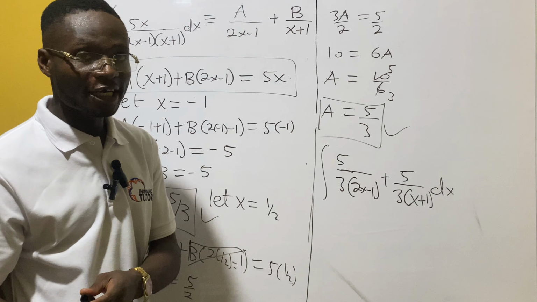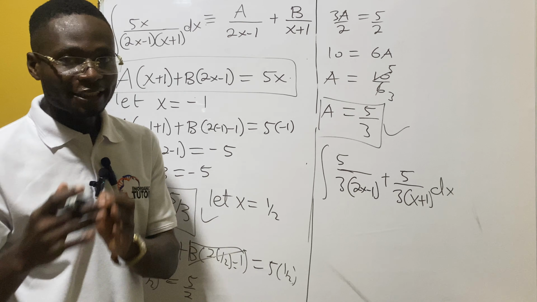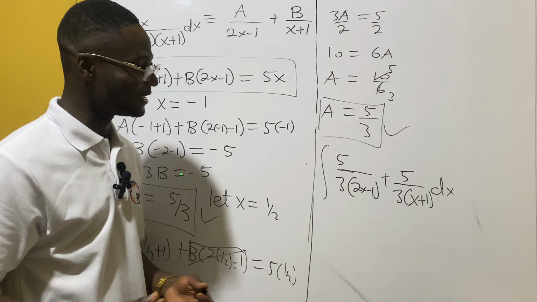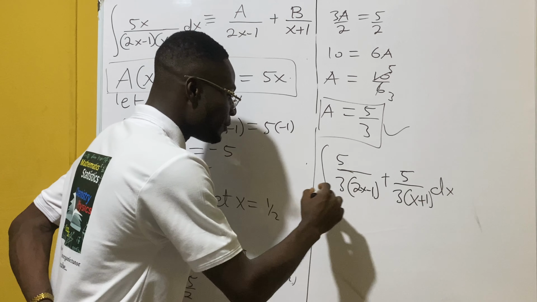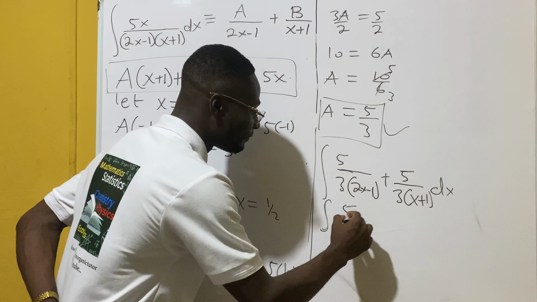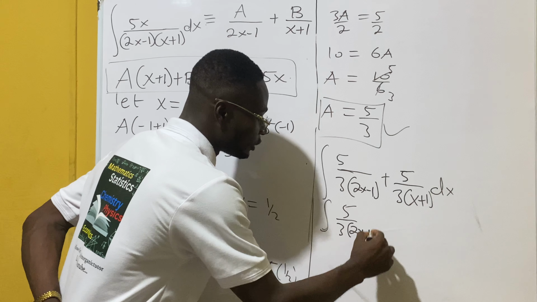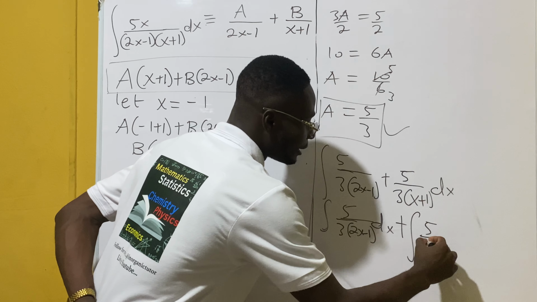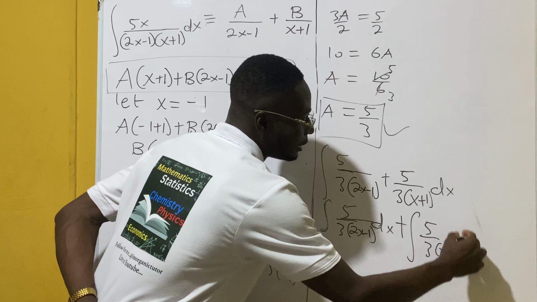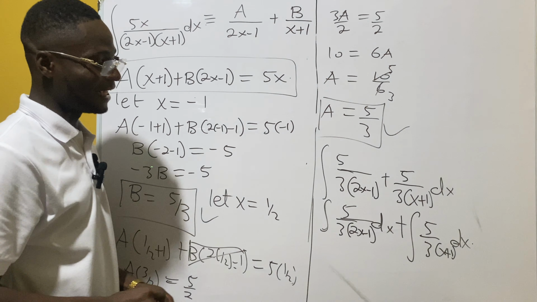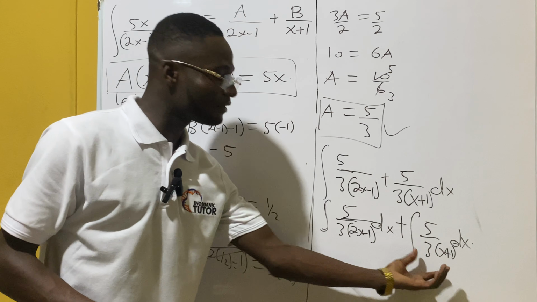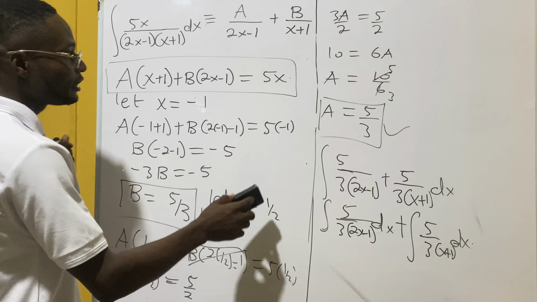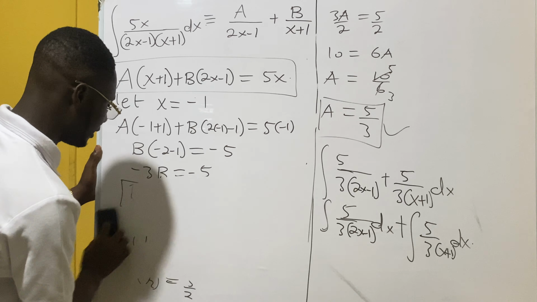We can decide to separate them term by term and integrate, or integrate all together. Let's separate them to make our work easy. So we have the integral of 5 on 3 into 2x minus 1 dx plus the integral of 5 on 3 into x plus 1 dx. We integrate each, and after that, we combine them.